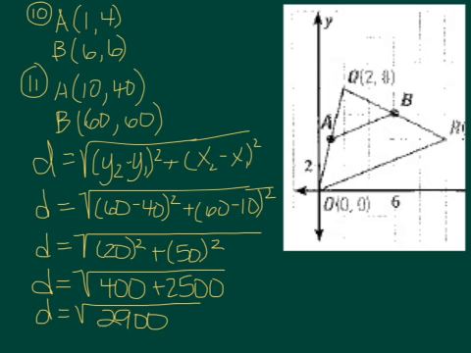When you add those together, you get 2,900, and the square root of 2,900 is about 54 yards if you round it. So we're going to put approximately 54 yards.